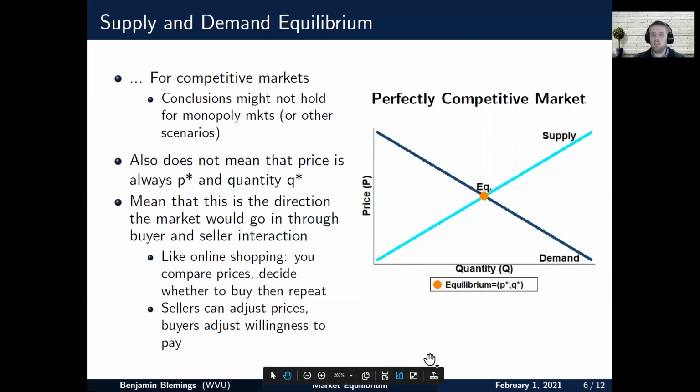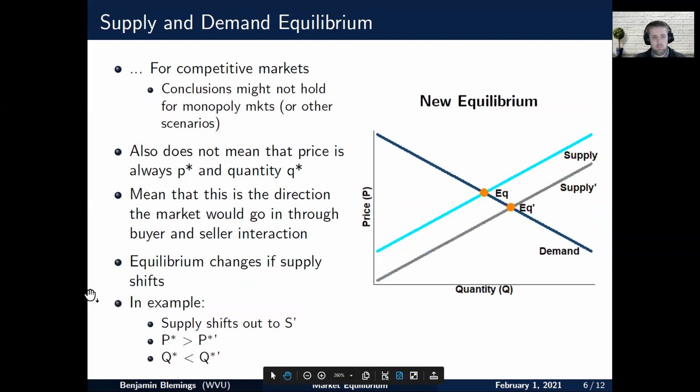He's like, no, it's too much, and that guy over there will give it to me for 7. And so that guy comes down to 7, and so on and so forth until it gets towards equilibrium. And so you compare prices, you decide whether to buy something, then you repeat. And sellers are like, well, it's this expensive to produce, and I'll adjust my prices. And the buyers will adjust their willingness to pay.